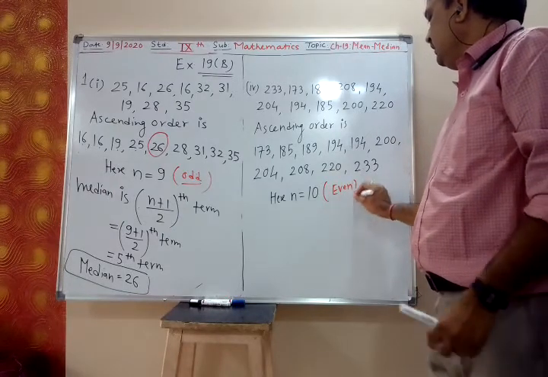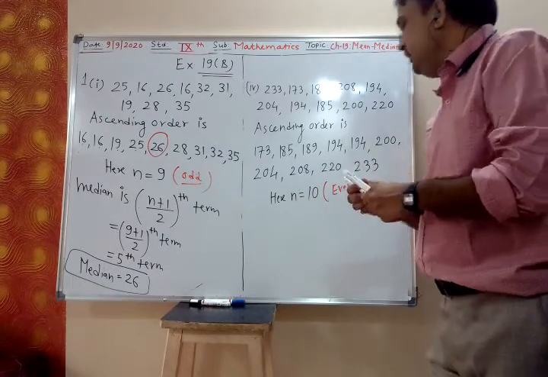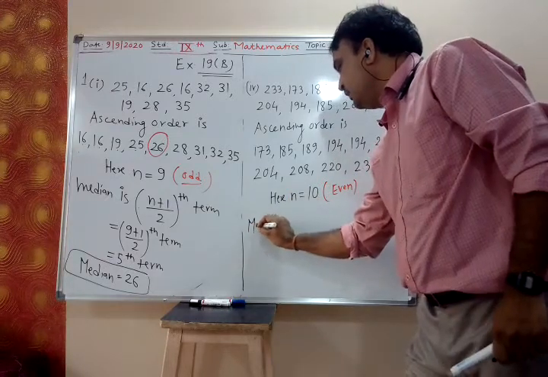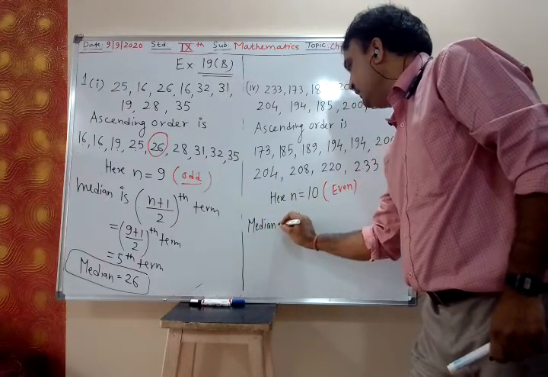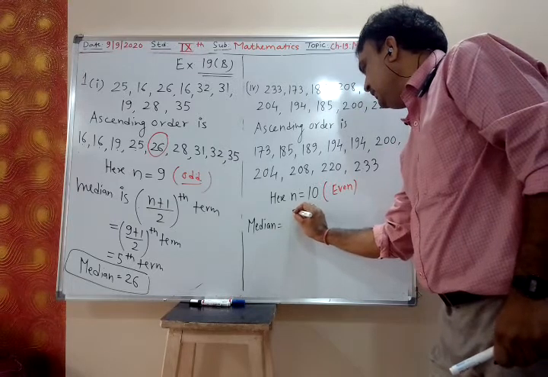So when n is even, the median formula is changed. Then my median is, what is that median?